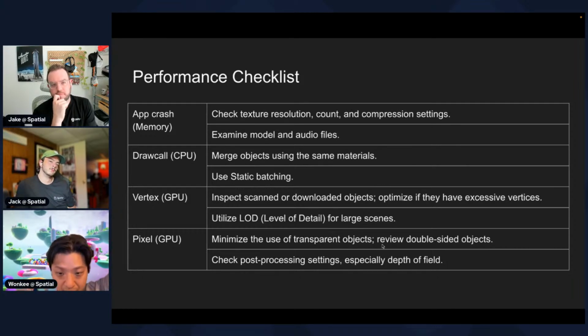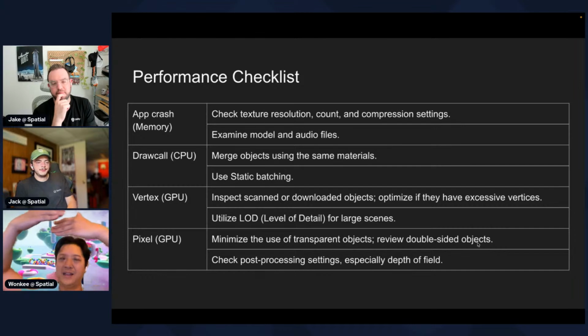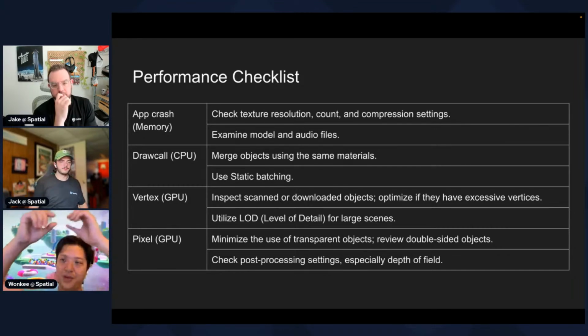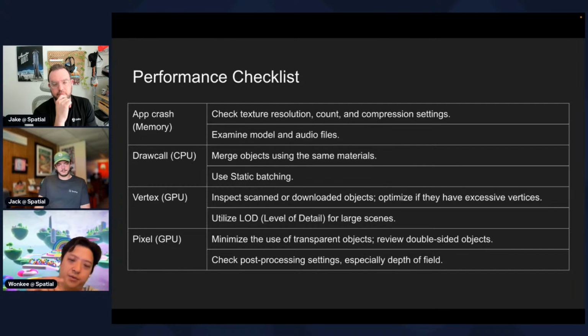Especially if the model is a double-sided object, like glass with two surfaces and a double-sided setting, then it renders 4 pixels to render the one pixel surface. So yeah, this could happen.